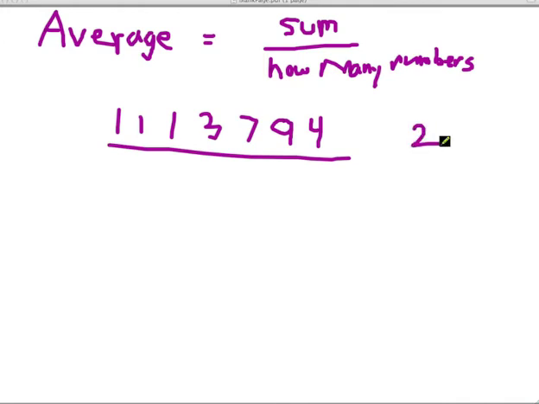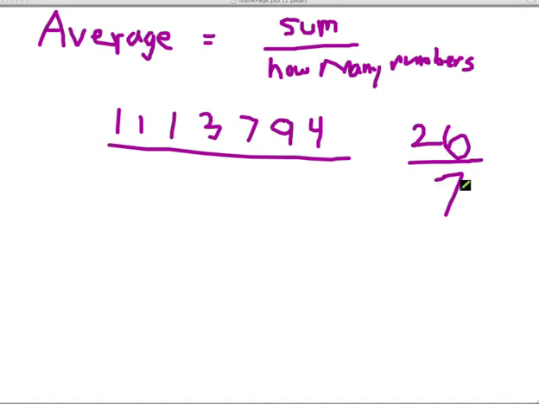So the sum of all the numbers is 26. And how many are there? 1, 2, 3, 4, 5, 6, 7. 26 over 7. So this is the average of these 7 numbers, 26 over 7.